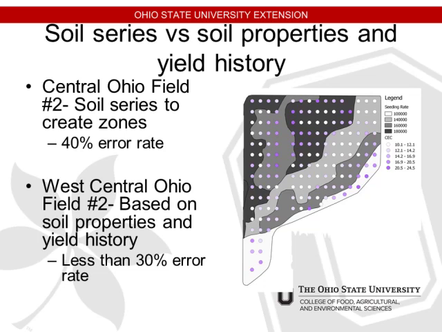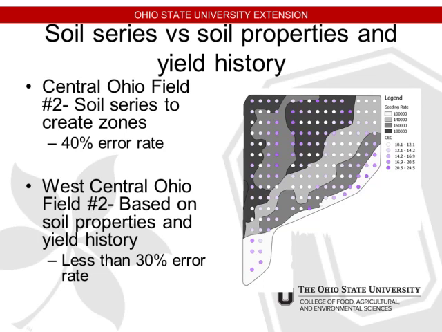The second field we called West Central Field number 2. I don't have a picture of that one, but they base their zones and their prescription on multiple factors. And I don't know what all of those are necessarily, but their error rate was a lot less.